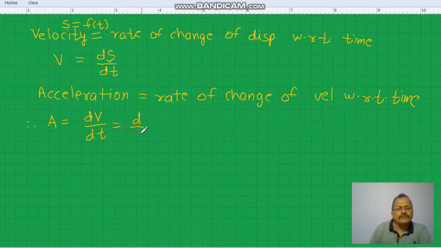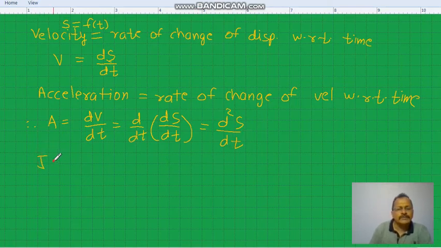But this velocity is the derivative of displacement, and therefore acceleration is the second derivative of the displacement with respect to time.